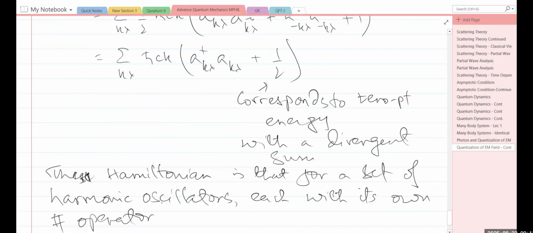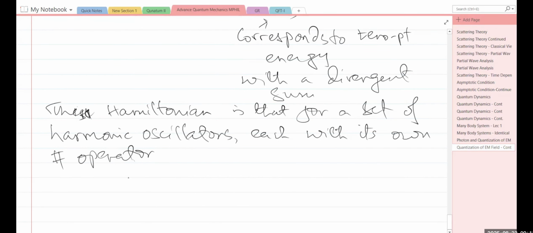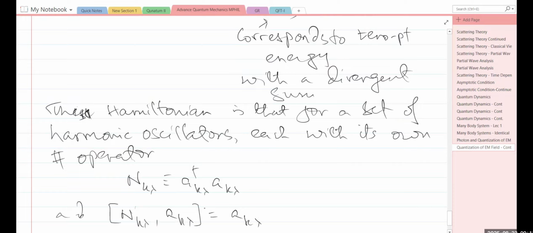And so we could think about that number operator n_kλ, which is equal to a_kλ† a_kλ. And then we could think about the commutator. So [n_kλ, a_kλ†] would result in a_kλ†, the dagger.